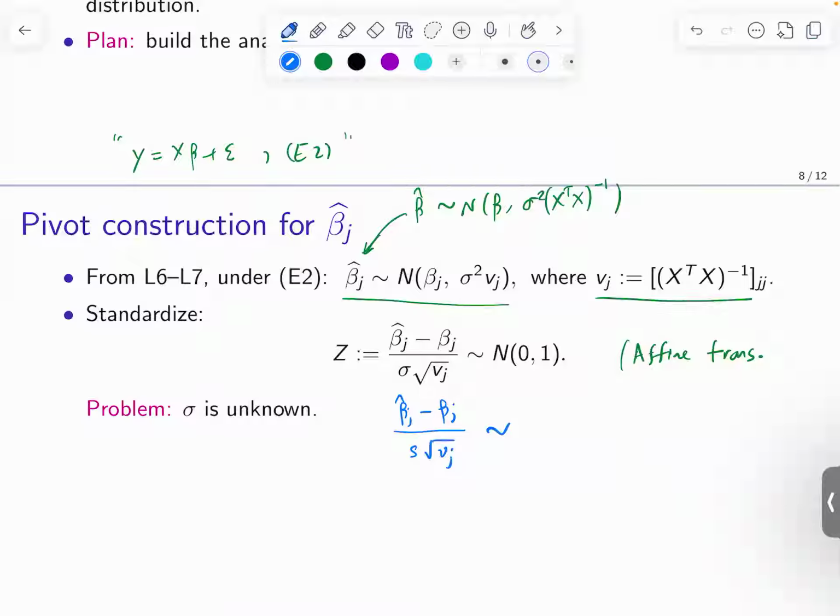It doesn't take a normal distribution. Yes, because s is random. This is not an affine transformation of beta hat j in the sense that it's not a fixed affine transformation. Because this quantity is random, the result that we had doesn't apply, because the transformation is random.